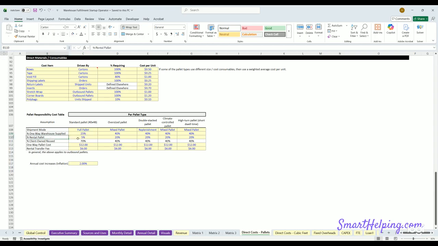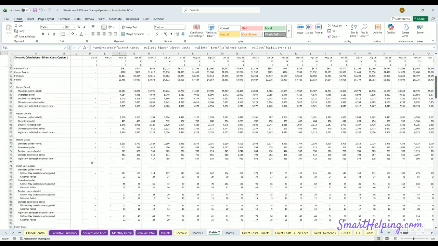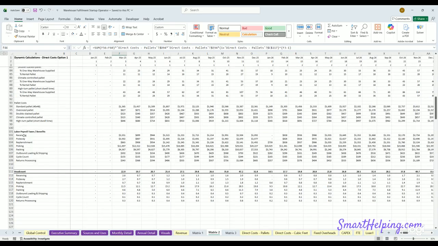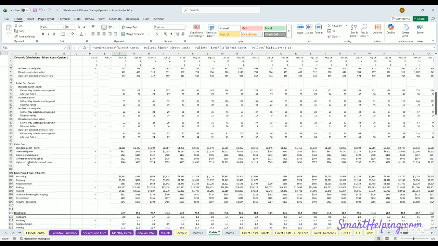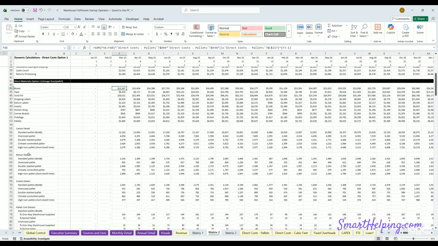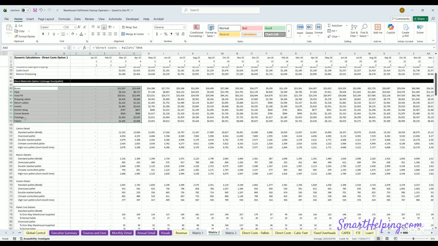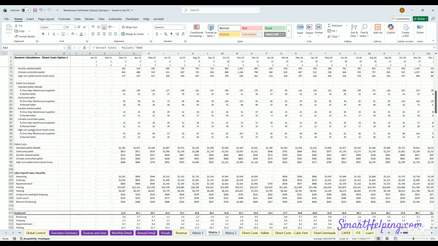You could be renting the pallets, or it could be client owned and reused pallets, meaning no cost to you. So for each pallet type, you can define the percentage of these, what's your cost, and what's the rental transfer fee if you're renting it, and then those are also calculated right down here. Well, materials would be right for this, and then I did pallet cost right here.